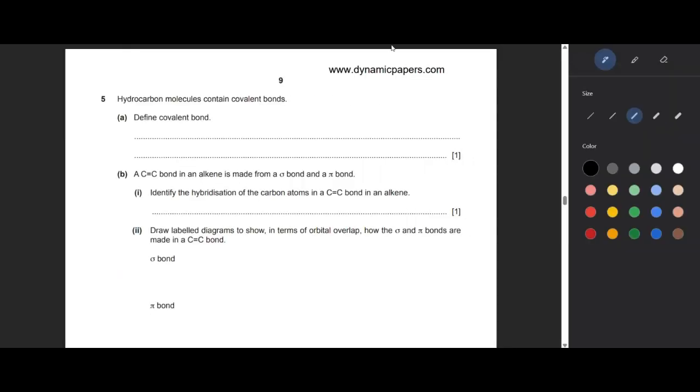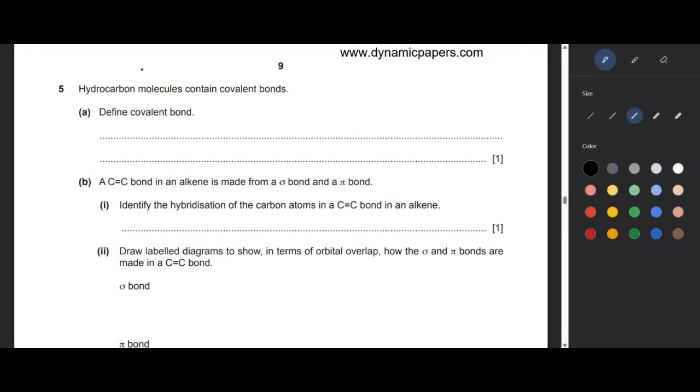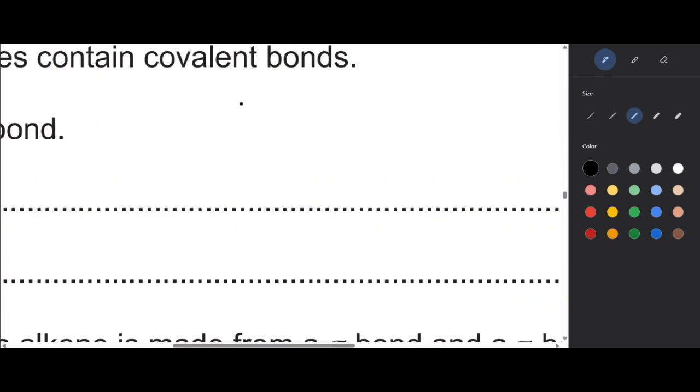Next question, question number 3. Hydrocarbon molecules contain covalent bonds. Define covalent bond.